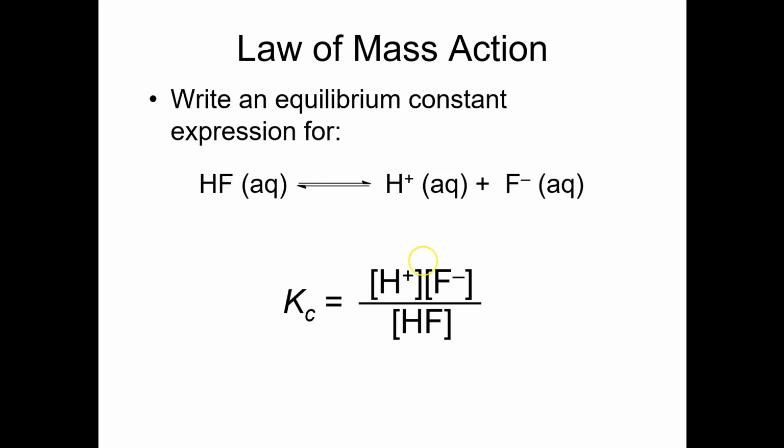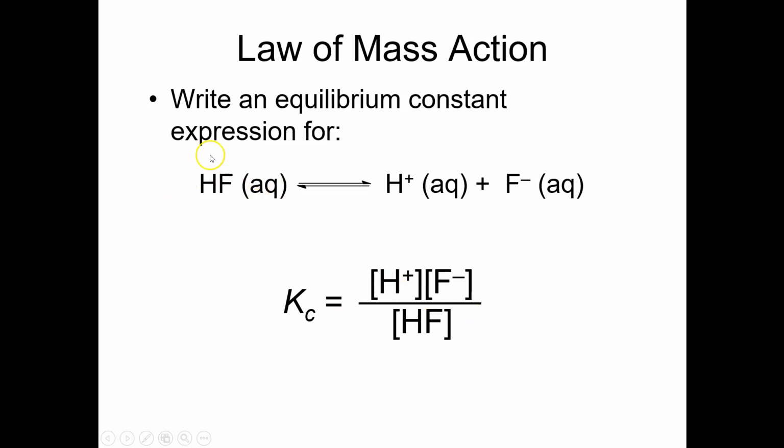So the Kc, that is the Keq based on concentration, for this reaction is going to be the concentration of H plus times the concentration of fluoride over the concentration of HF, because it's the product of the products raised to the power of their coefficients in the balanced equation, and in each case here the coefficient is 1, divided by the product of the reactants.